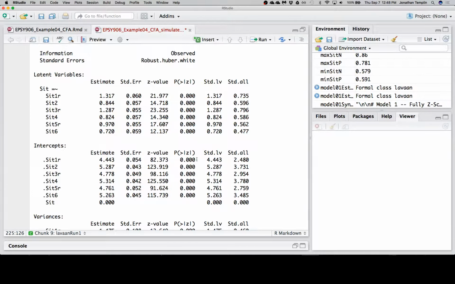The predominant thing that you see in a lot of articles is the standardized solution. Now, you may not see that in some, and that's fine, because if they gave you the variances of the items, or better yet, the factor variance, you can by hand compute what this happens to be, right? Because we know what the variance of the item is.